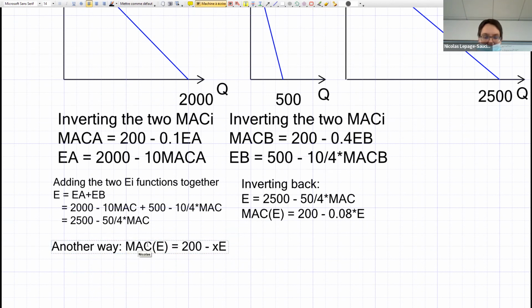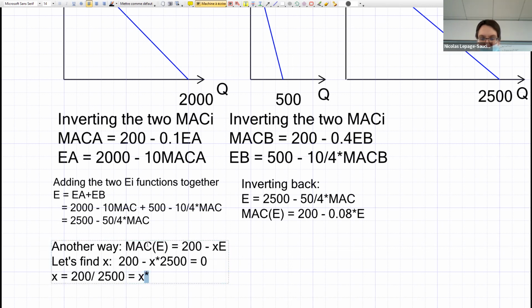So let's find X. So then X equals, and that should equal the same thing, right?